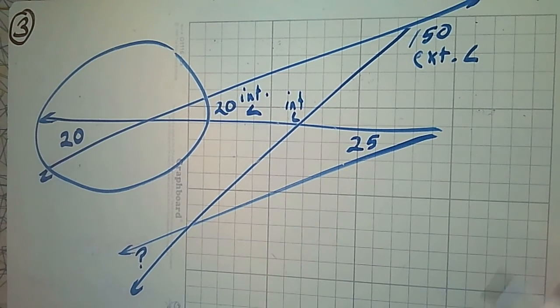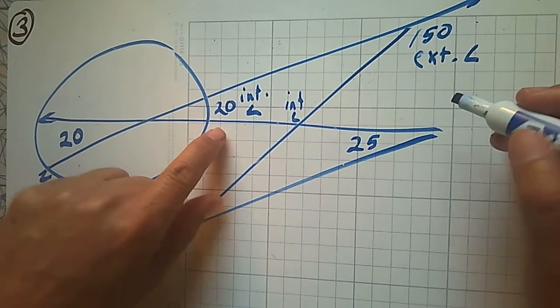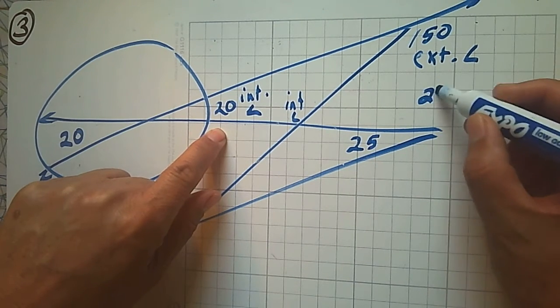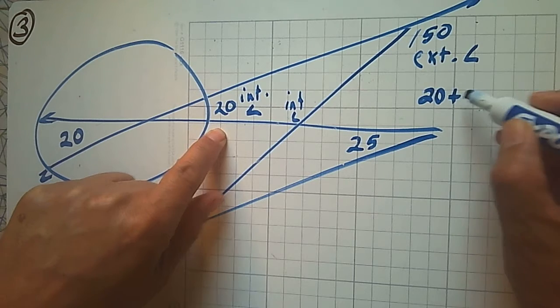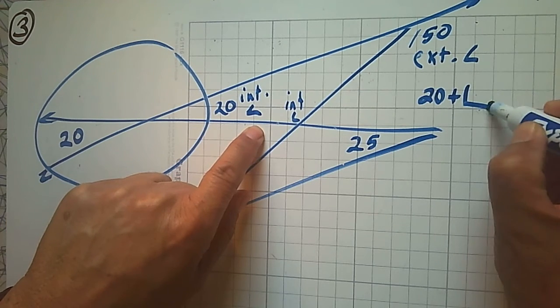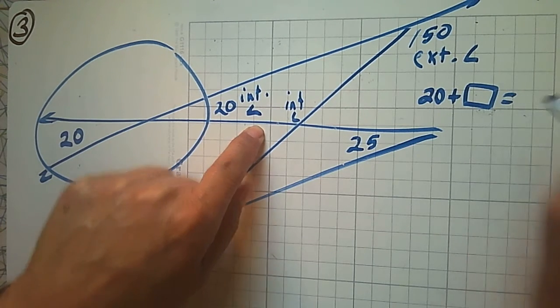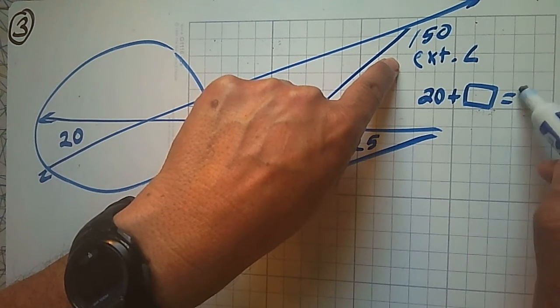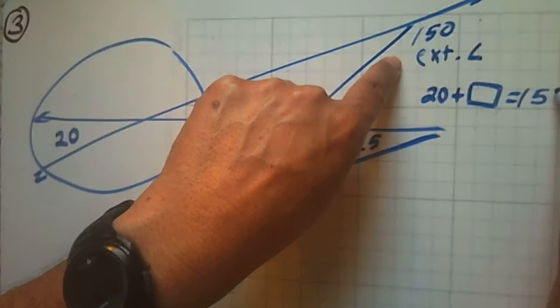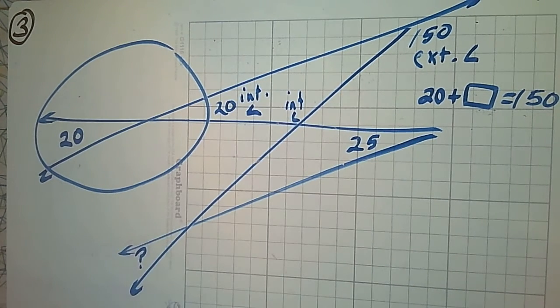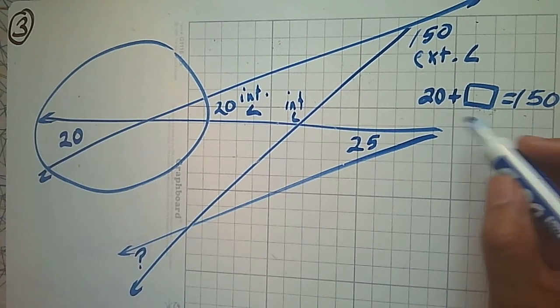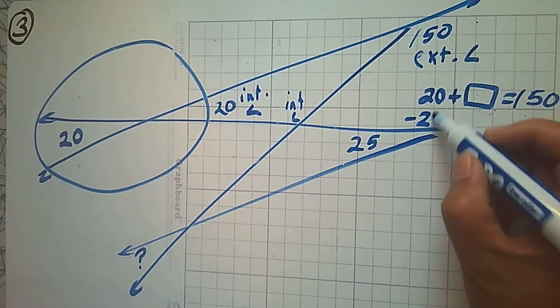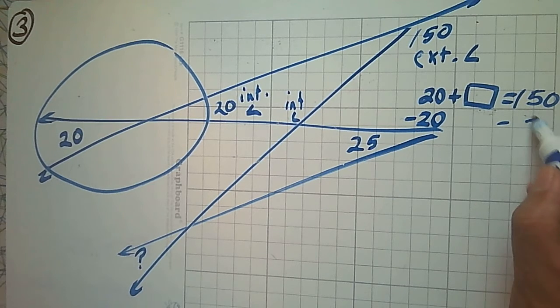So what that tells me is the following: 20 plus the unknown angle is equal to the exterior angle, which is 150. Now solve for the square. That means negative 20, negative 20.